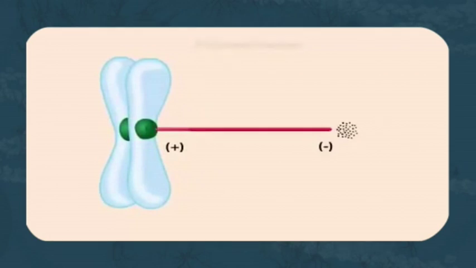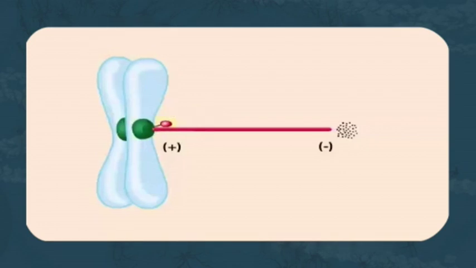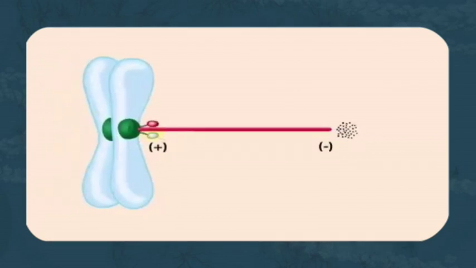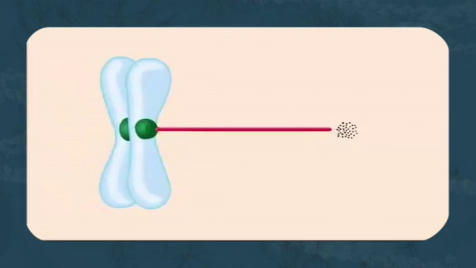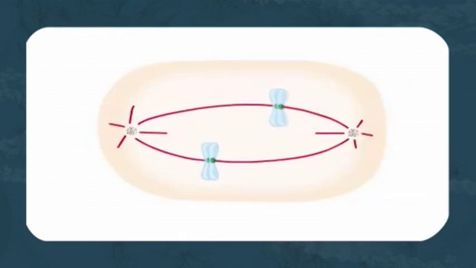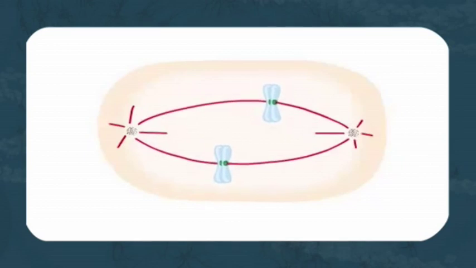In addition, plus-end directed motor proteins are thought to push the kinetochore away from the pole along the growing microtubule, and minus-end directed motor proteins such as dynein could pull the kinetochore towards the pole along a shrinking microtubule. Microtubules from the opposite pole capture the sister kinetochore and chromosomes are eventually aligned at the equator.